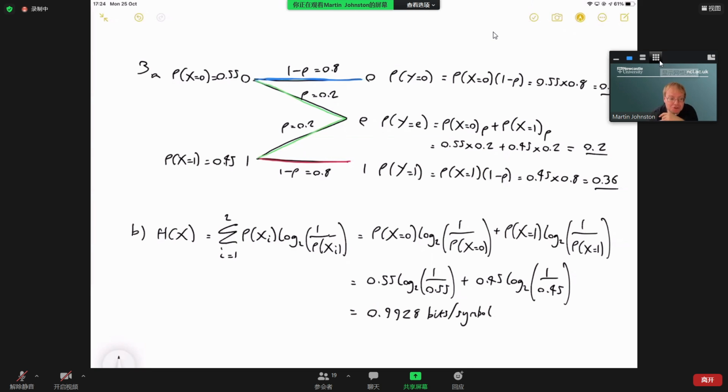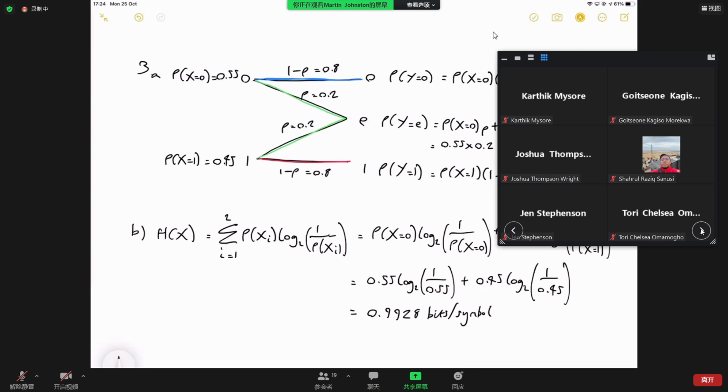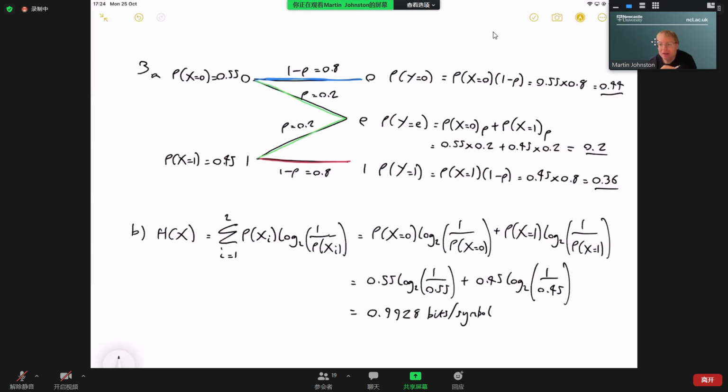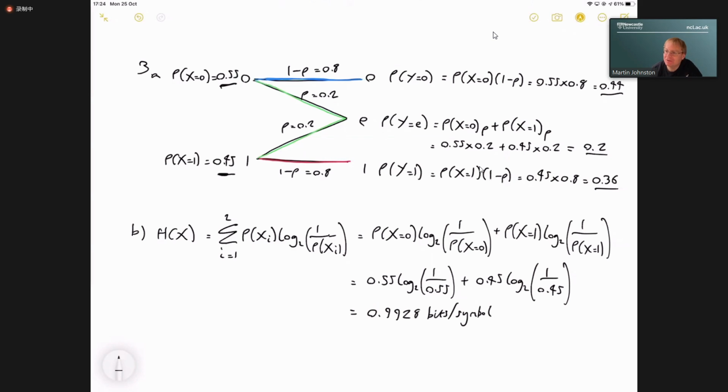So that's the average uncertainty of the source, and it's very, very close to 1 bit per symbol because the probabilities are close to being equally likely. 0.55, 0.45, that's nearly 50-50, 55-45, so it's very close to being completely uncertain. So it's very close to the maximum, which would be 1 bit per symbol in this case.